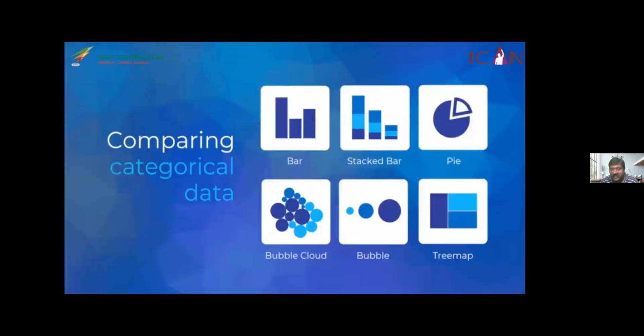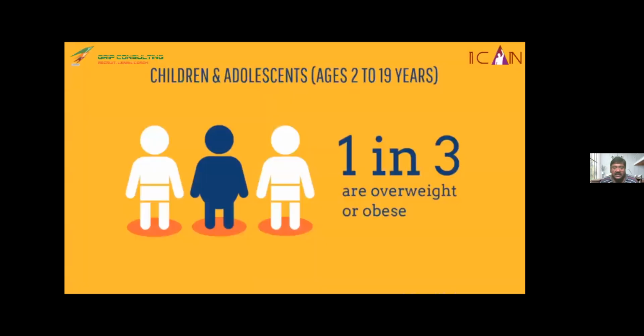Similarly, this one, comparing categorical data. There is a lot of data here, and comparing is something the person is trying to highlight. Over here you can see another beautiful way of putting things: children and adolescents between the ages of 2 and 19. What is the message they are trying to showcase? That 1 in 3 are overweight or obese.